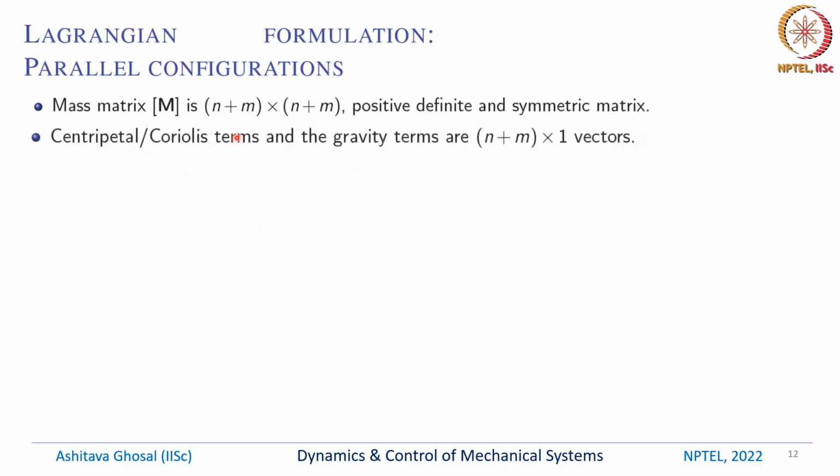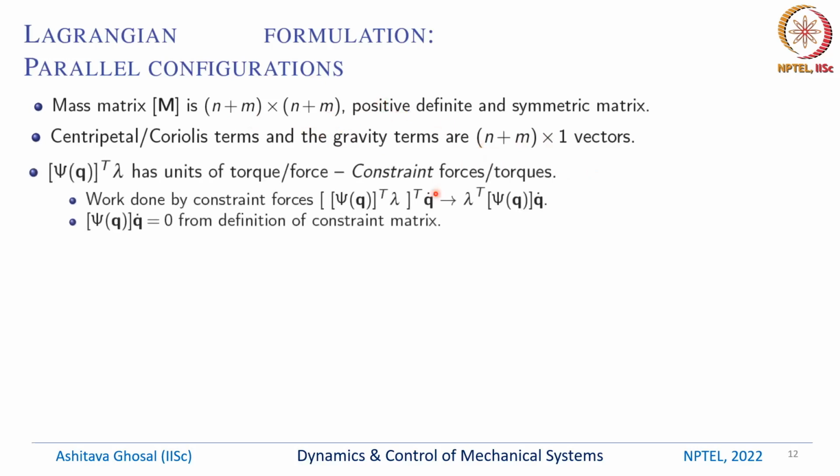The centripetal Coriolis terms and the gravity terms are n plus m by 1. In the case of serial chains, we had an n by n mass matrix and the centripetal Coriolis term was n by 1, but now we have to take into account the m loop closure constraint equations, so the dimensions get modified in both of these terms.